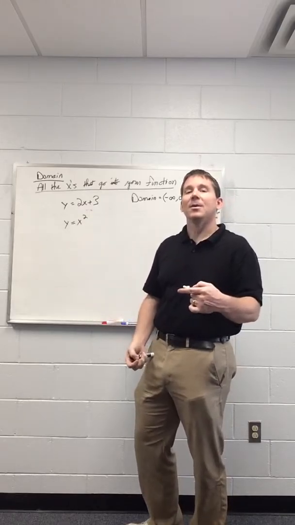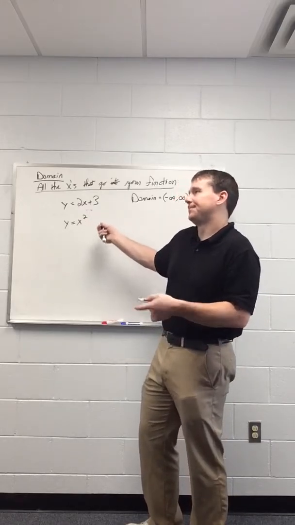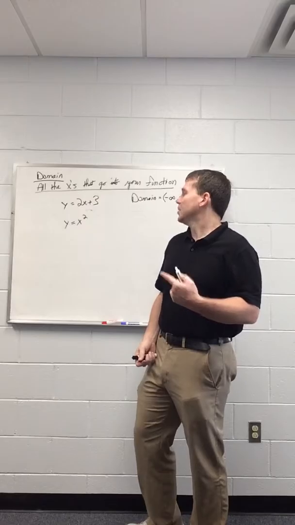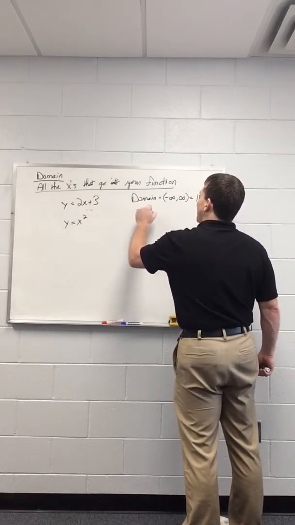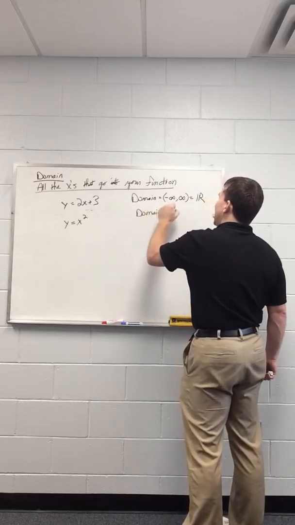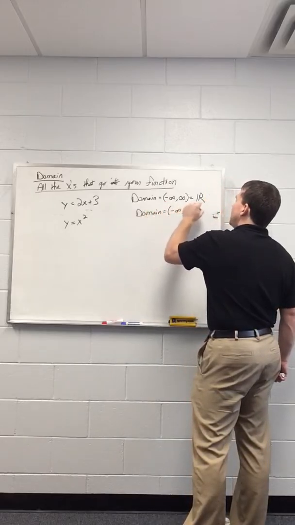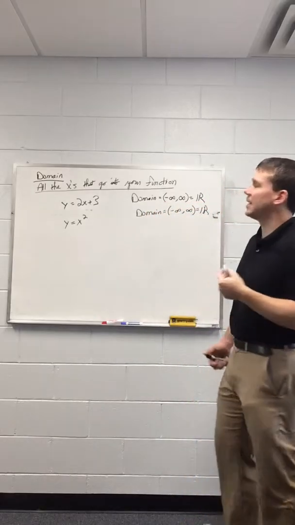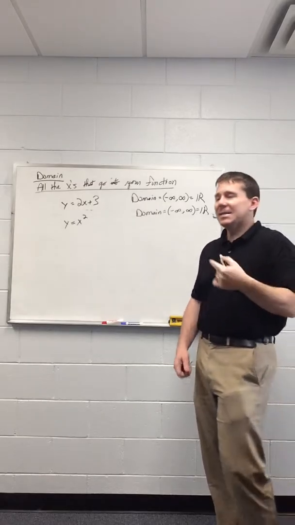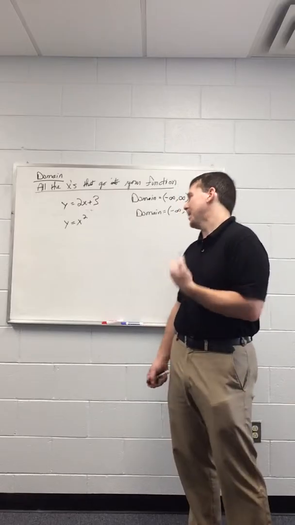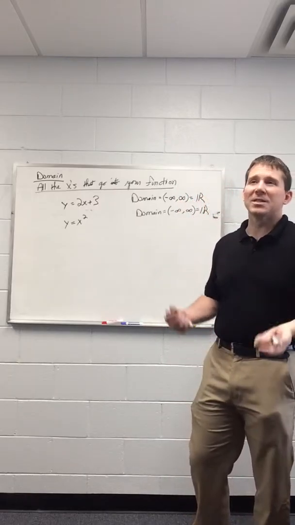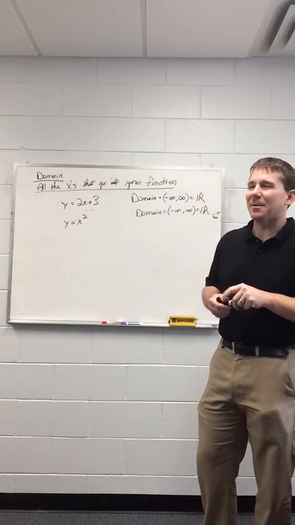If I plug in 0, I can square 0, and that'll be fine. Which means, again, there's nothing that causes a problem. So my domain will, again, be negative infinity to infinity, which is all real numbers. After looking at a few of these, you tend to believe that your domain is always all real numbers, which makes it pointless to actually think about it.